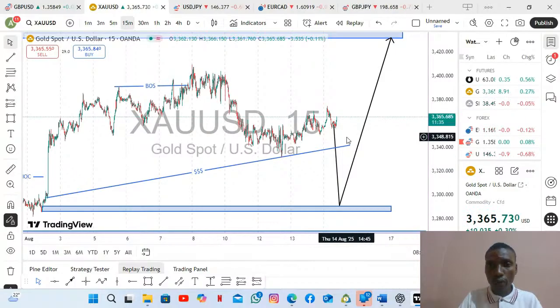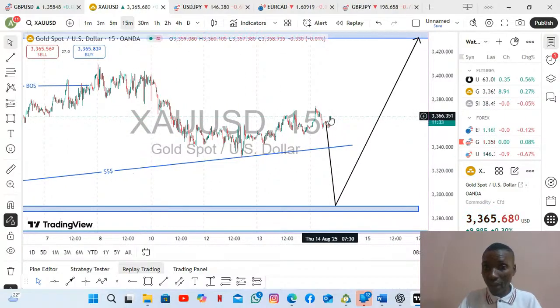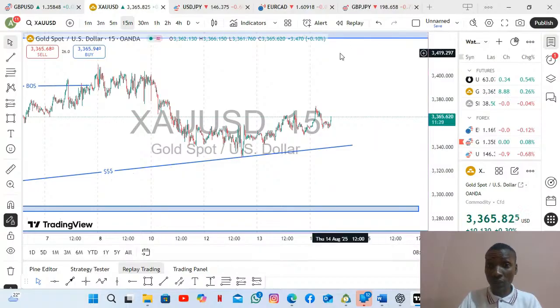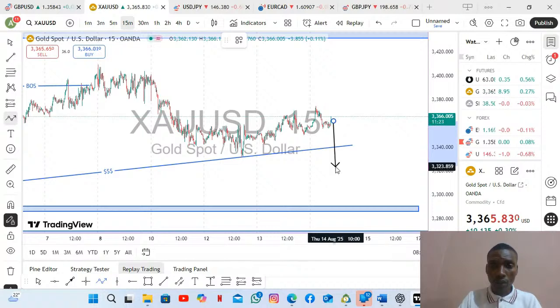So if gold decides to sweep liquidity down, what is the immediate movement we're expecting now? The immediate movement we're expecting for gold is to come, clear this liquidity, retest it or not, come here, then we'll take a buy.